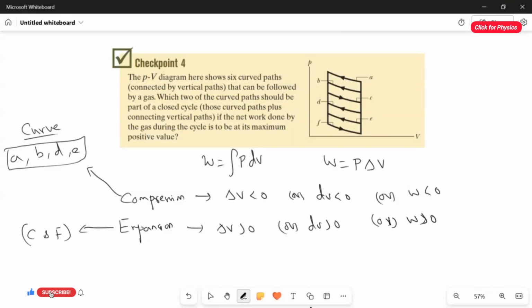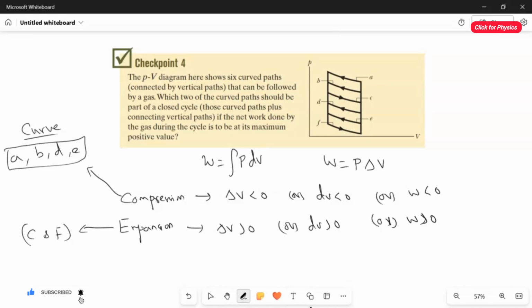But here we are not going to give the answer for this. We have to give 2 curved paths that make a closed cycle, and for that closed cycle, the net work done must have a positive value. So let's see when your cycle is going in the counterclockwise direction. Let's take the curve A and curve F. The curve A is connected by the vertical line, and it is coming here.